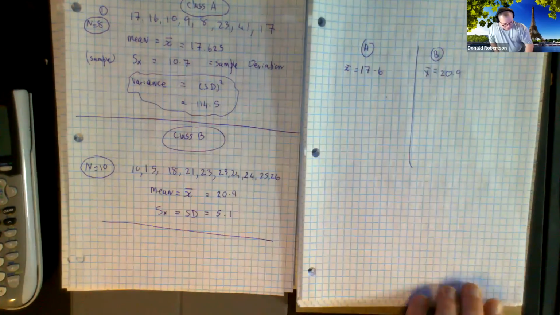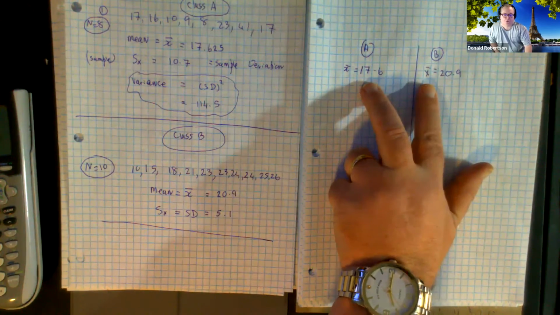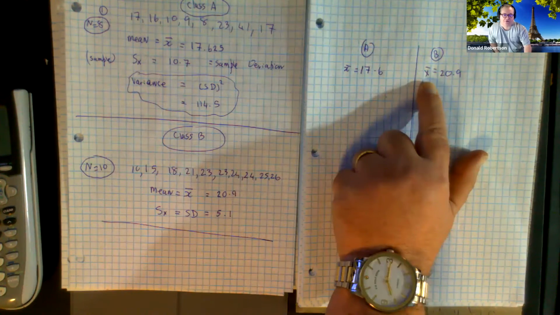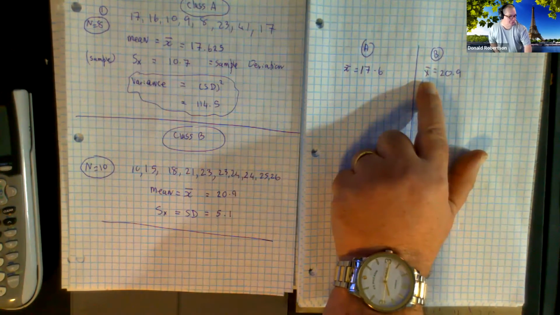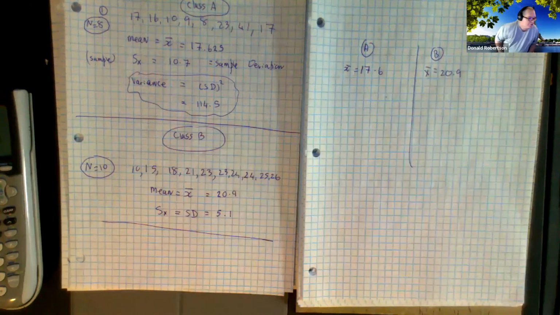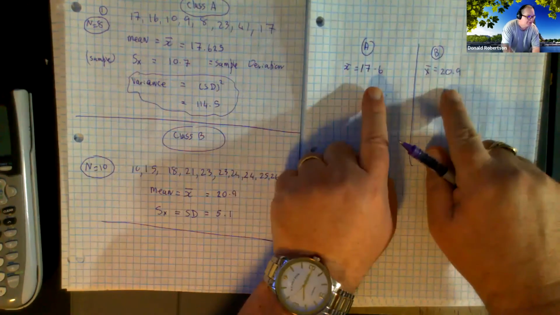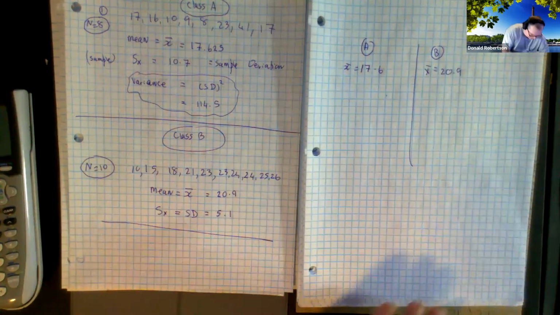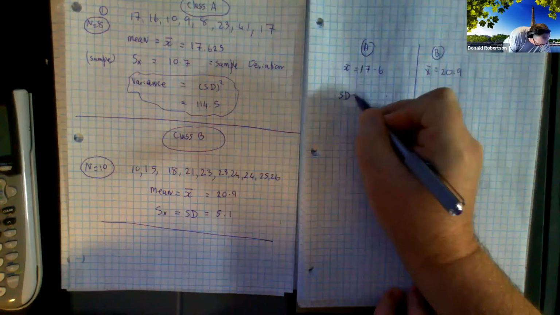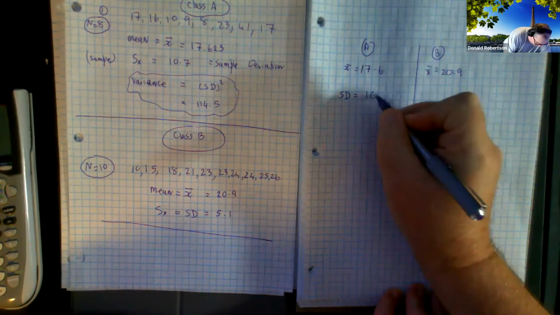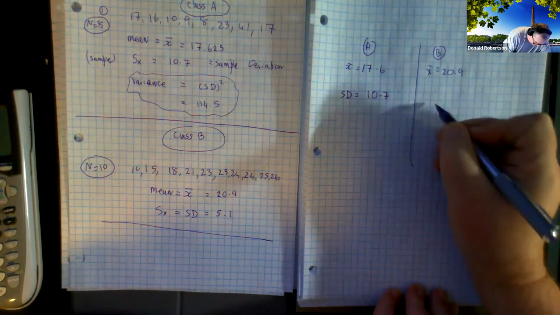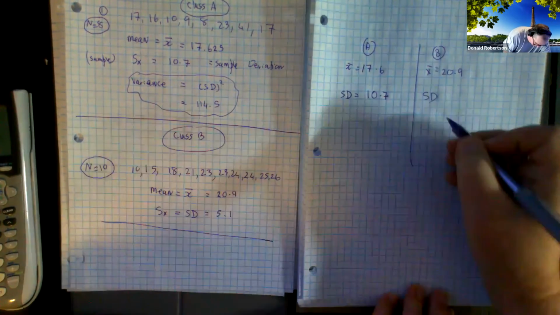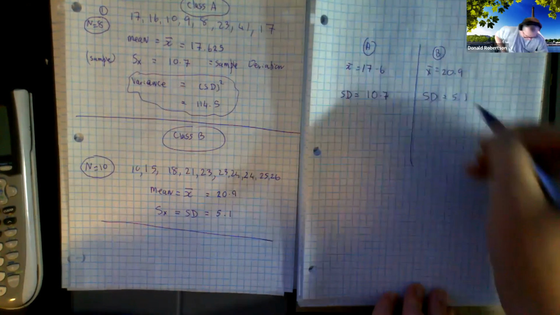So based on just these two numbers, wouldn't we say that in the second art class, the students were probably on average a bit older, about 3 years older? Now, the standard deviation of class A was 10.7, and the standard deviation of class B was 5.1.